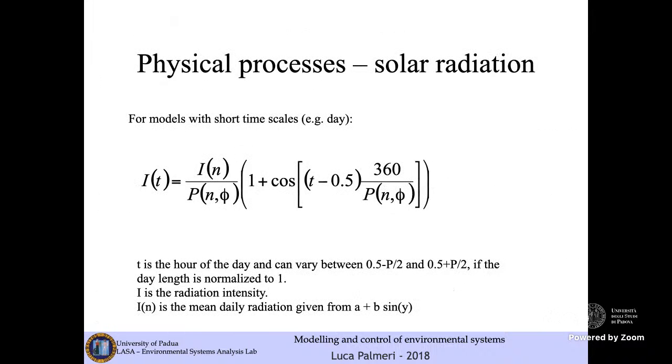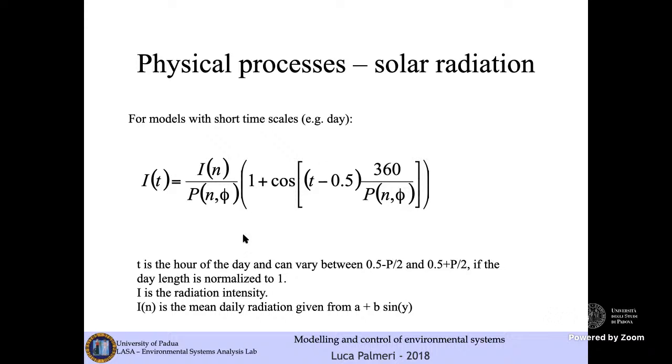In this case, the quantity of radiation arriving to the ecosystem on day n divided by the photoperiod on day n at latitude phi, multiplied by these quantities, may be employed as a model for describing the effect of solar radiation, or the quantity of solar radiation arriving to the ecosystem, when your model has very short time scales, meaning, for example, days or weeks.